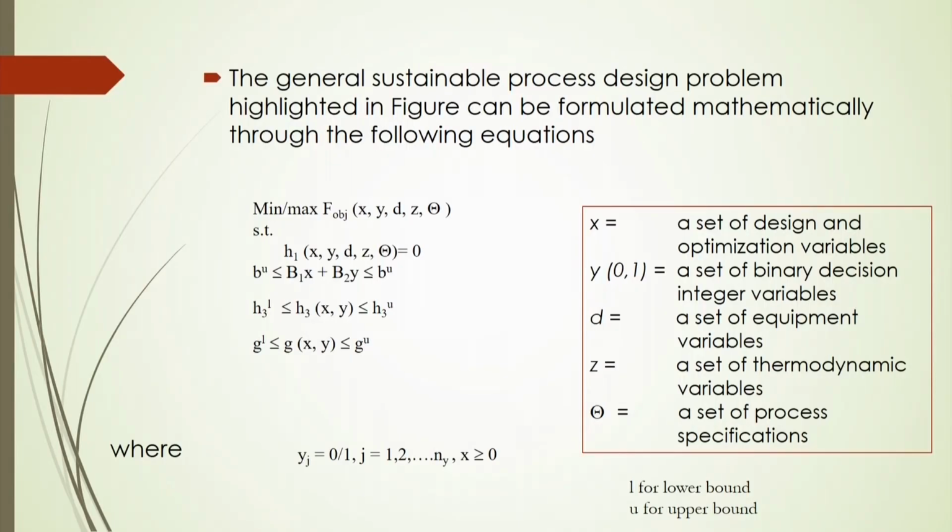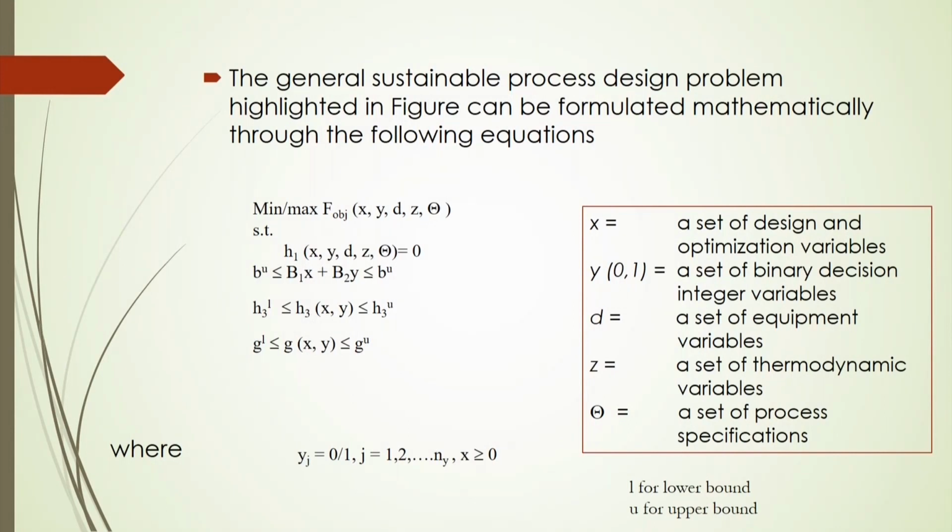Now, x is the set of design and optimization variables, y is a set of binary decision integer variables, d is a set of equipment variables, and z, given here in the equation, is a set of thermodynamic variables, and theta is a set of process specifications.